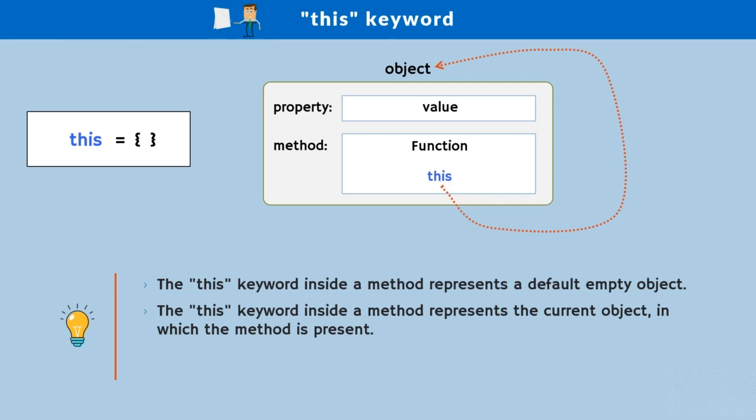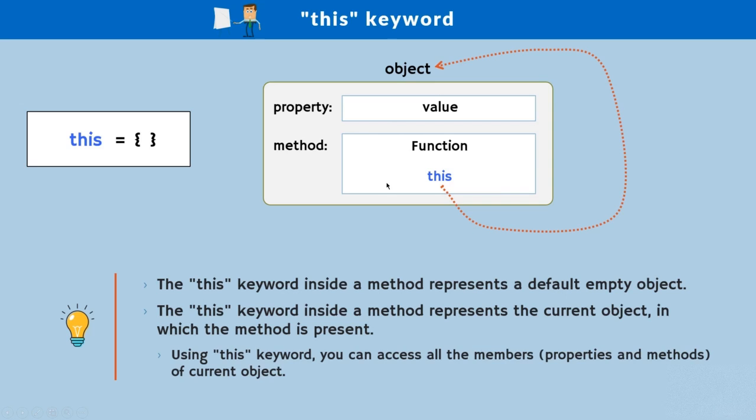So outside the method, the this keyword represents an empty object, but inside the method it represents the current object inside which the method is present. And using the this keyword, you can access all the properties and methods of the current object.